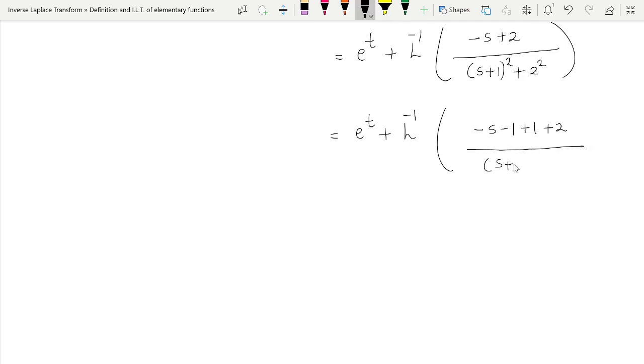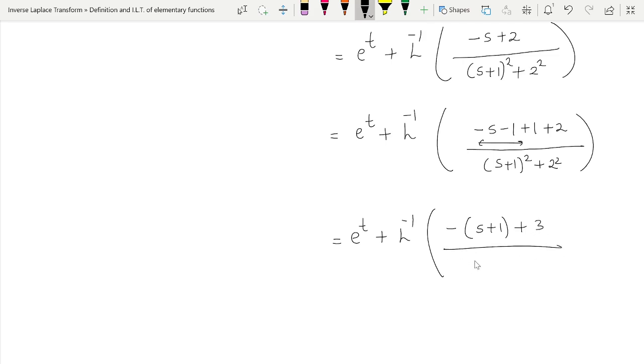s plus 1 whole square plus 2 square, which is equal to e raised to t plus L inverse of, now if I take the minus sign out from the first two terms, it will be s plus 1, and 2 plus 1 will be 3, so plus 3 upon s plus 1 whole square plus 2 square.